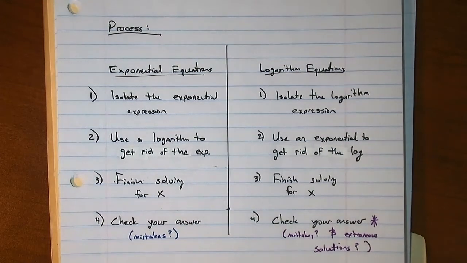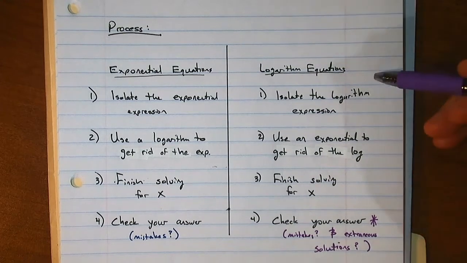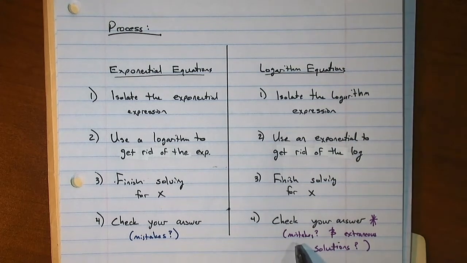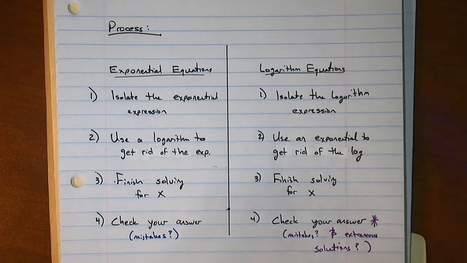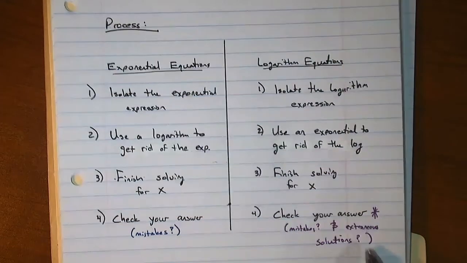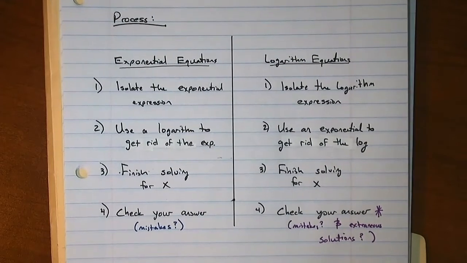And it's the extraneous solutions that are the bigger issue, because even if you do all of your algebra 100% correct, there's no mistakes, because logarithms do not have a domain of all real numbers, it is possible that you'll end up with an answer that doesn't actually work.